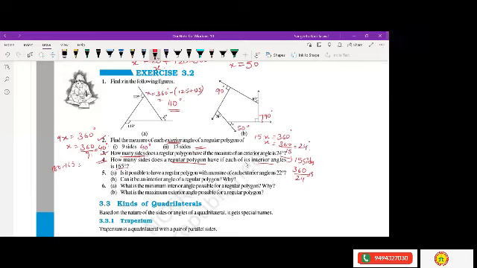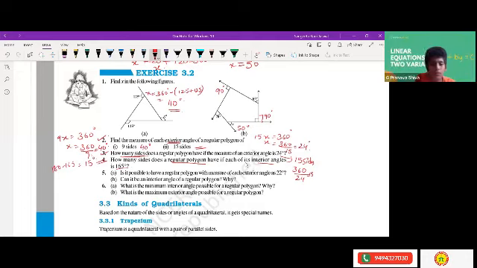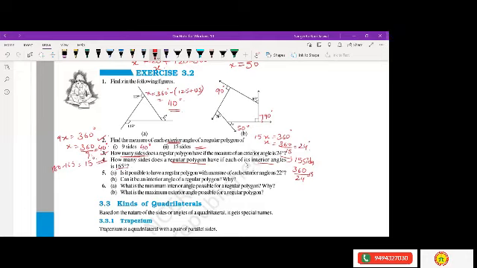It will be 15 degrees, no? Okay, 180 minus 165 will be 15 degrees. So when you have to find the number of sides, that means you will divide 360 by 15, so you will get 24. Got it? Did you understand?